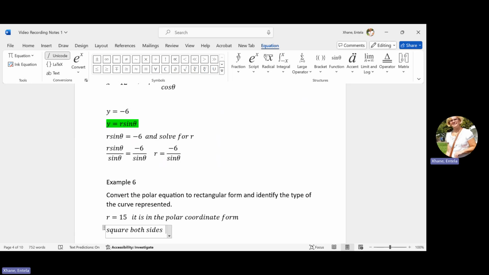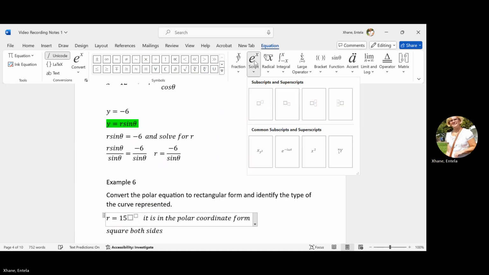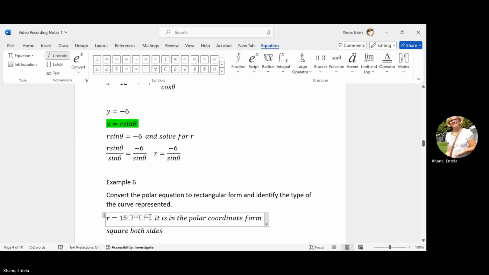So squaring both sides means taking this equation, and then r becomes r squared because you're squaring, and then 15 squared becomes 225.